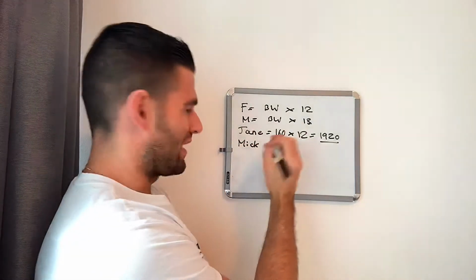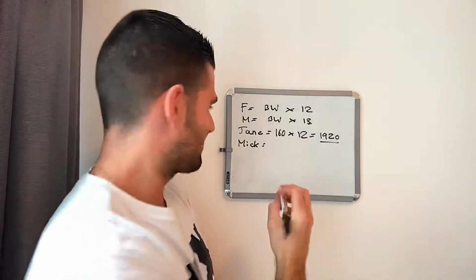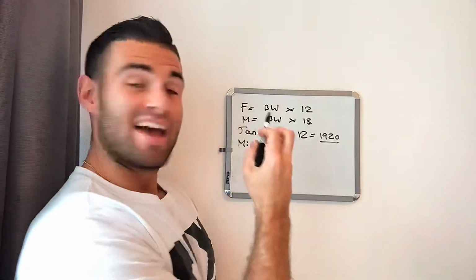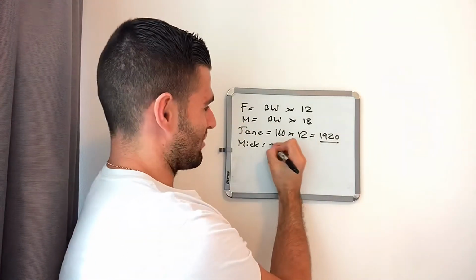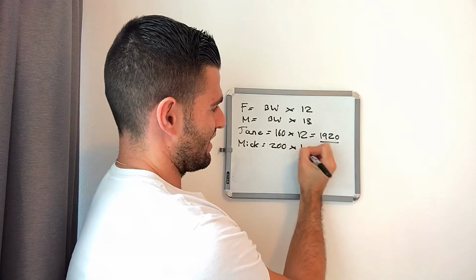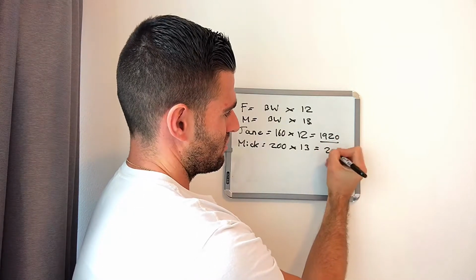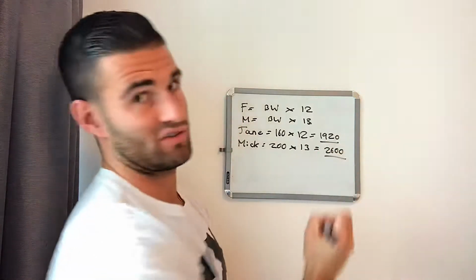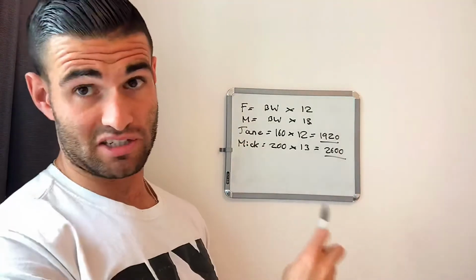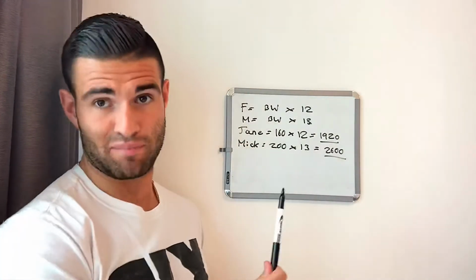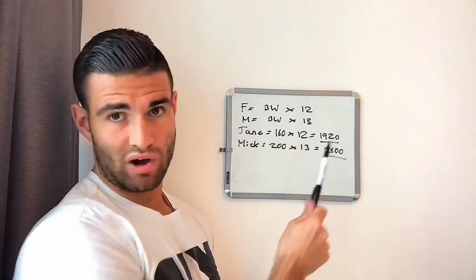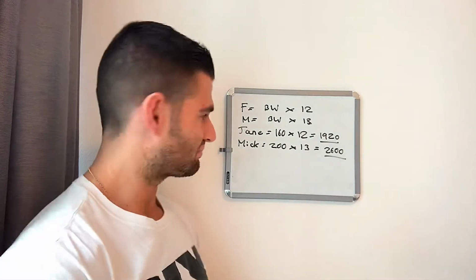Mick weighs 200 pounds, times 13, 2,600 calories. Starting point for Jane, starting point for Mick. Put in your weight, work out your starting calories.